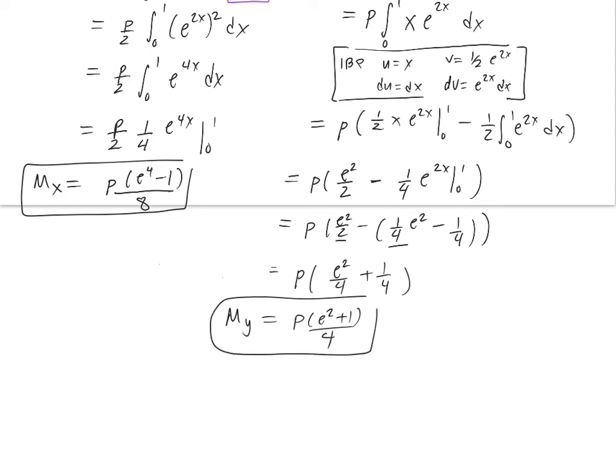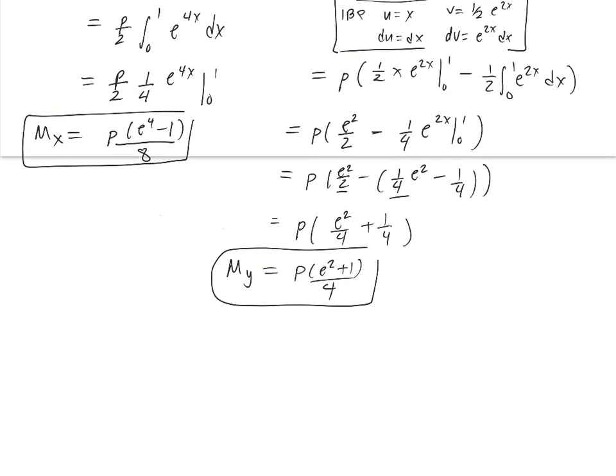Okay, so then the last thing we're going to do before we go cry in a hole is we're going to find x bar and y bar, this is easy. So x bar is my over m. So that's rho times e squared plus 1 over 4. I don't know why, I just wrote another rho.